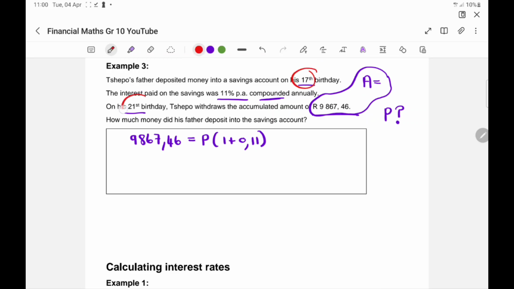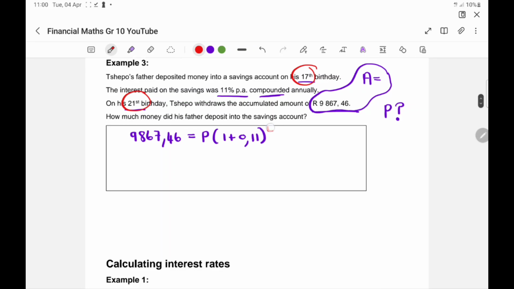Whenever they give you two dates or two years or two ages, you subtract the smaller one from the bigger one. So 21 minus 17 gives you 4 years. So it's all raised to the power of 4.